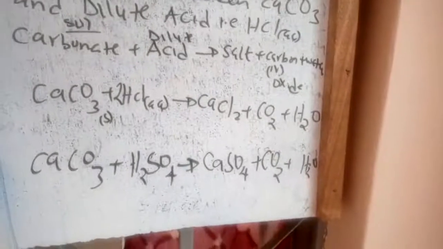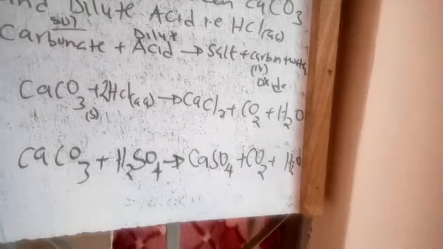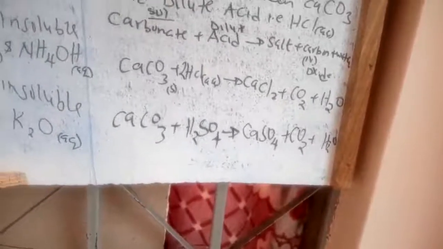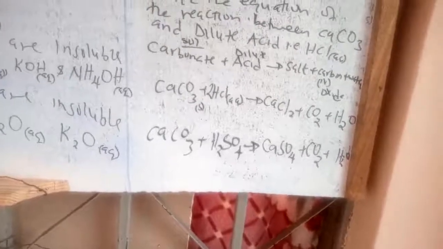So you have calcium carbonate plus sulfuric acid, you will get calcium sulfate, carbon dioxide, and water. And therefore calcium is balanced on both sides, carbon is balanced on both sides, hydrogen is also balanced on both sides because there are 2 hydrogen on both sides. Sulfur, there are 2 sulfur on both sides.